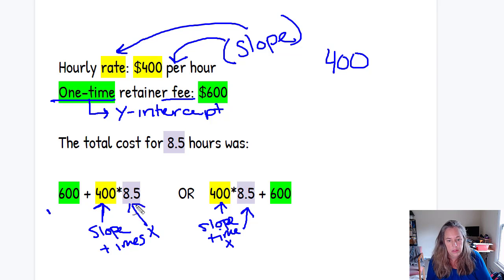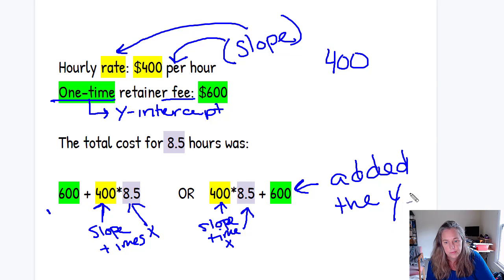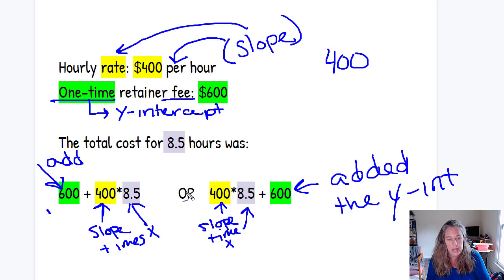So you did the slope times x, and then you added the y-intercept. Either way, you're adding the y-intercept to the slope times x. The commutative property says it doesn't matter if you add the 600 first or the 600 last. If you want this in your notes, you can pause and take them. You're not required to have these, so this part's up to you. I'm going to keep going.